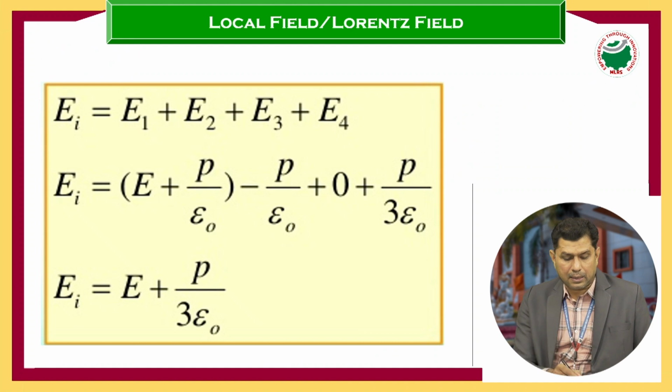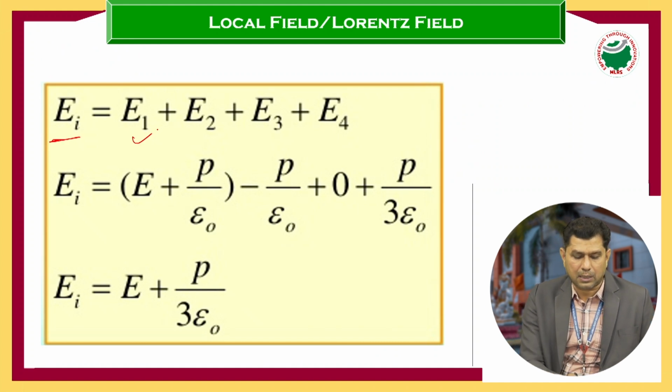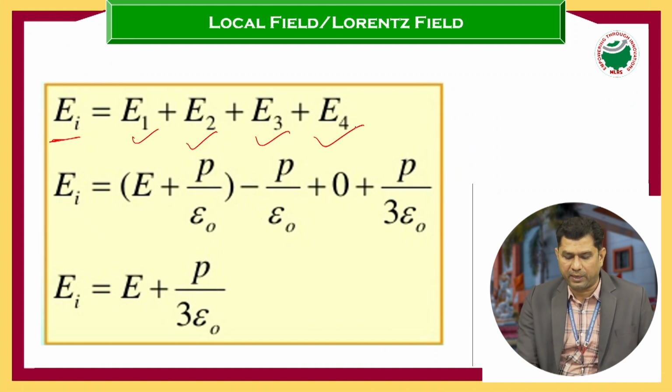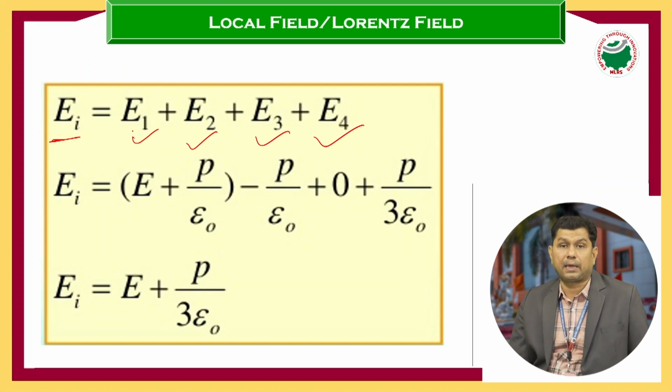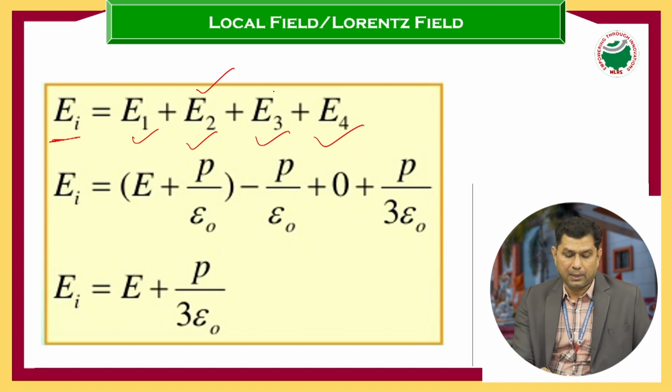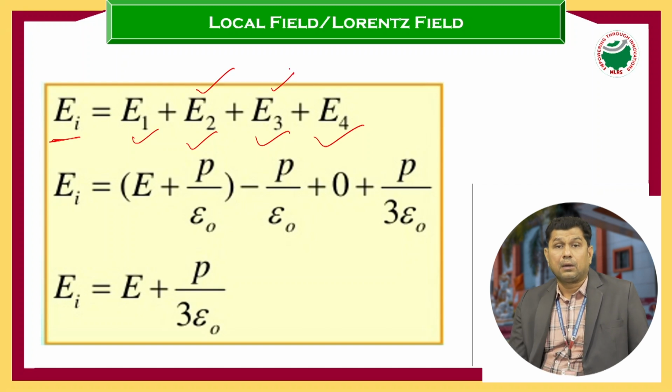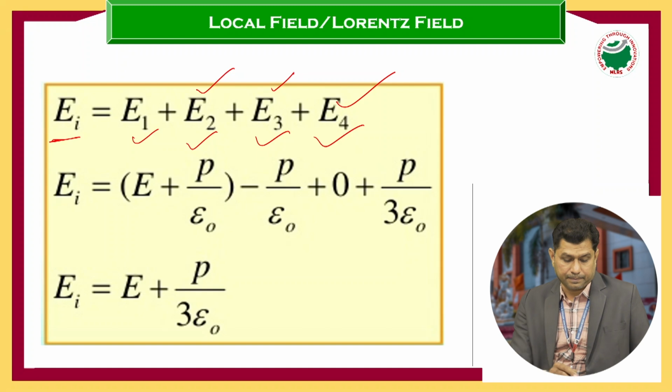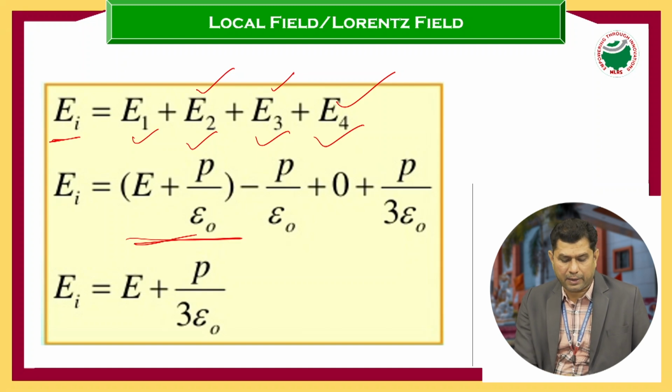Now the internal field is the sum of these 4 fields. E1 is the charges on the plates of the capacitor, E2 is the charges on the dielectric slab, E3 is the field because of the other atoms present in the material, and E4 is the field because of the charges on the imaginary spherical cavity. E1 is E plus P by epsilon naught, and E2 I already wrote as minus P by epsilon naught.